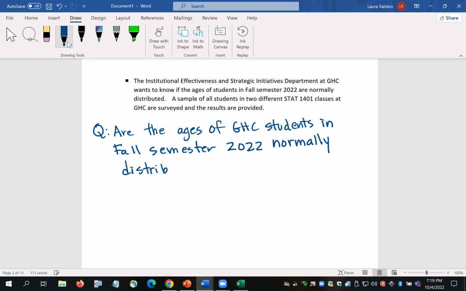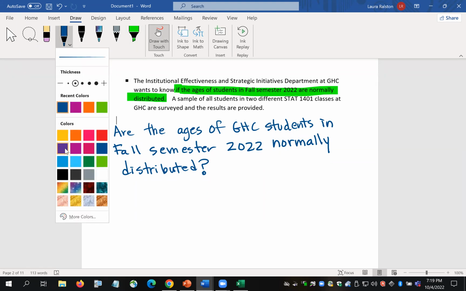Maybe I want to do some further analysis, and so I need to know if the ages are normally distributed. Now, it really says that in the question, guys. You don't have to write out this question, and that's not part of the process, but I'm trying to help you see that that's the question I'm trying to answer. I just wrote it in question form.